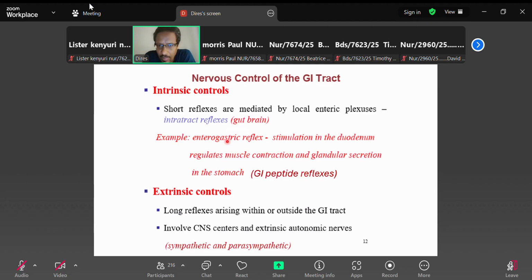For example, if there is too much acid reaching the duodenum, what kind of response do you expect as a result of this reflex? What do you expect the stomach to do as a result? Anyone can try?